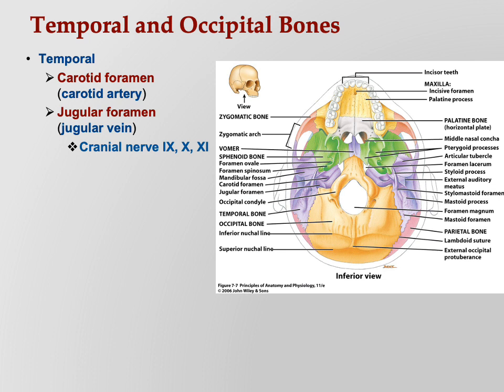Blood leaves your brain through the jugular foramen. That's where the jugular vein runs. The jugular foramen is also the passageway for cranial nerves 9, 10, and 11. And we'll know those later on. Cranial nerve number 9, the glossopharyngeal nerve. Cranial nerve number 10, the vagus nerve. And cranial nerve number 11, the spinal accessory nerve.